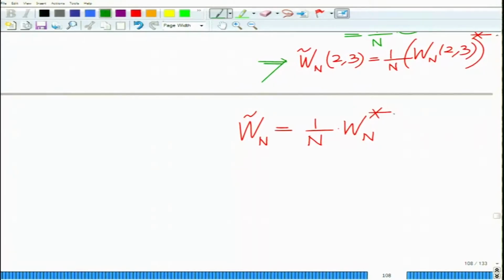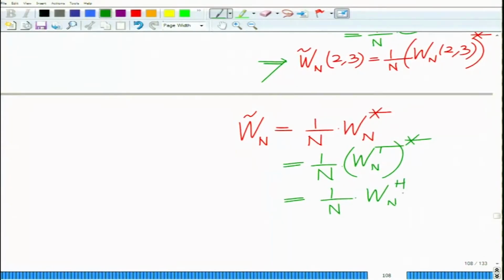And since Wn conjugate transpose is Wn Hermitian, you can also say this is 1 over n Wn transpose conjugate, which is the same as 1 over n Wn Hermitian.